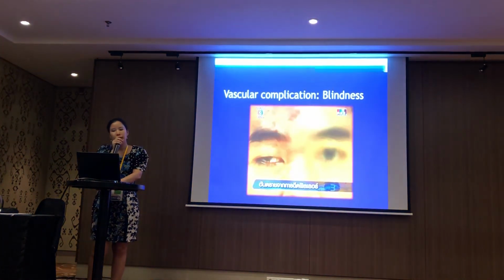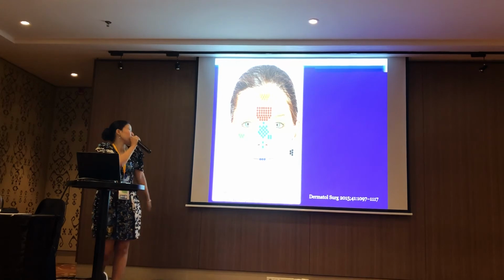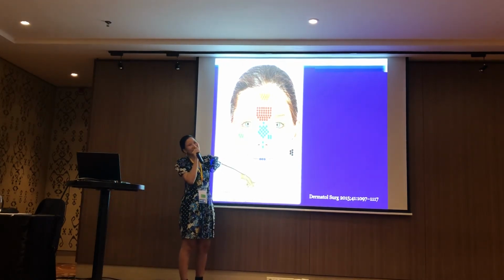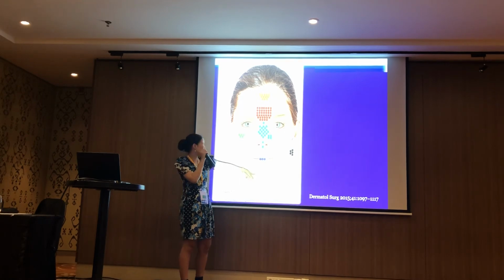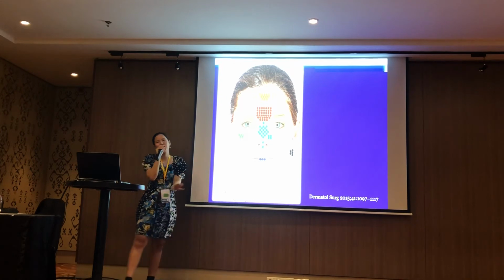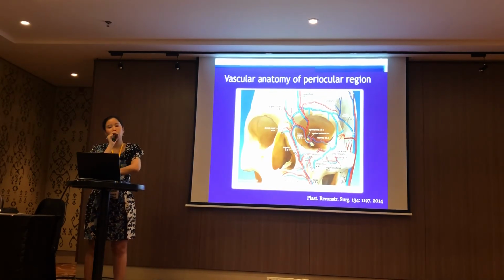This is the blindness that has been caused, and this is the area that can cause the blindness. You can see that every area, even the nose, can cause the blindness. Everywhere you can cause the blindness, so be careful. And this is the anatomy of the periocular area.